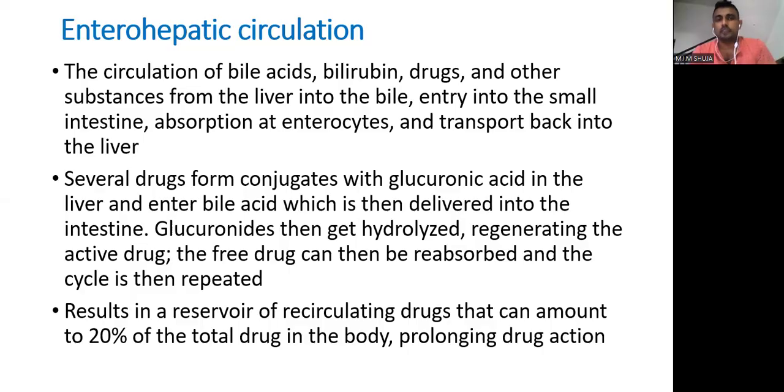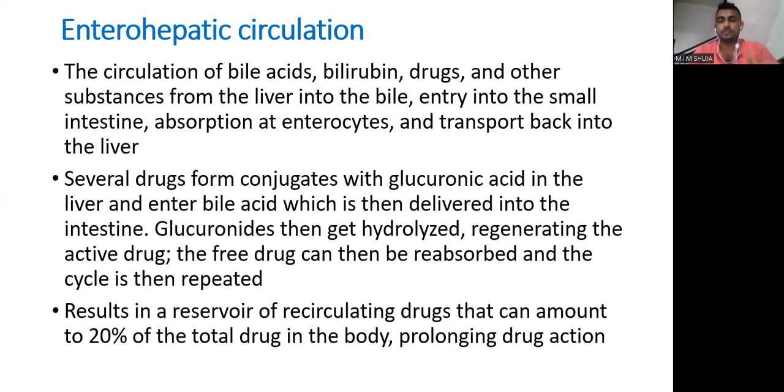It is the circulation of bile acid, bilirubin, and drugs from the liver; they go into bile, then enter the small intestine, then are reabsorbed by the enterocytes, go to the portal circulation and go back again.